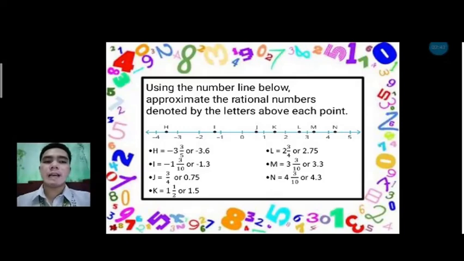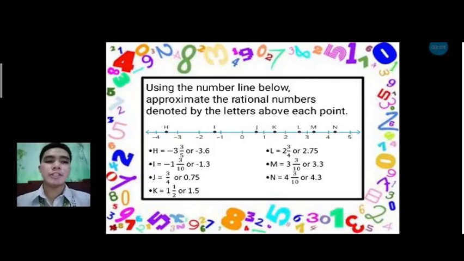Point I is less than halfway between negative 1 and negative 2, so it is approximately negative 1.3 or negative 1 and 3 over 10.